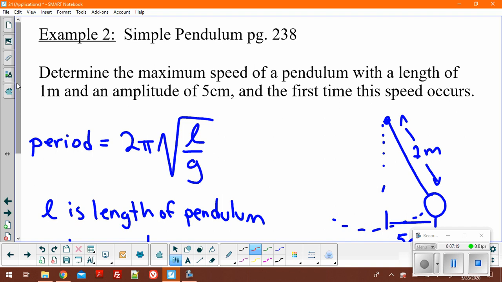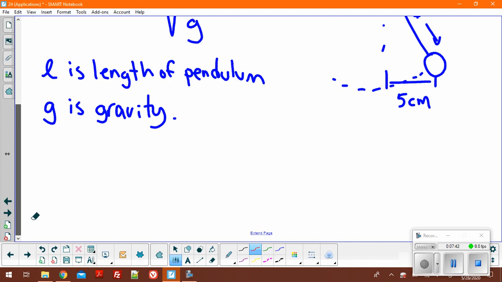Part of this is listed in your textbook in the example as well, but to find the period of a pendulum, you have to use this formula. It's 2 pi times the square root of the length of the pendulum divided by the force of gravity. The length here is 1 meter, so it's going to go in for L. So let's start working this out.